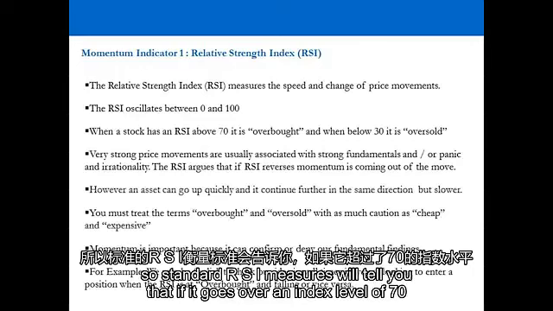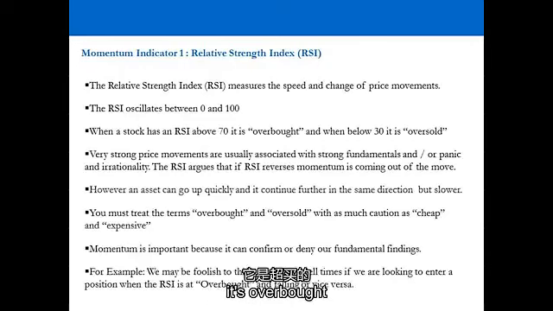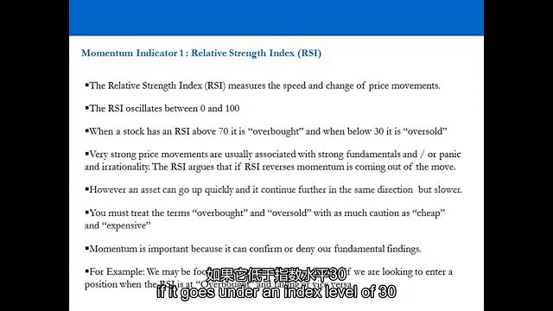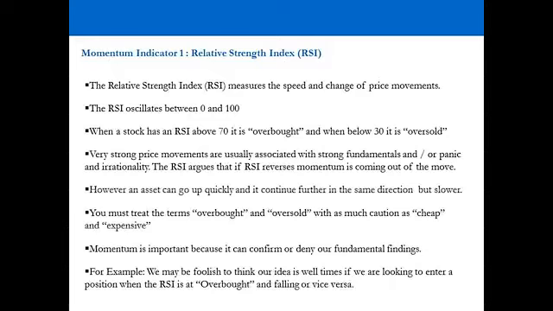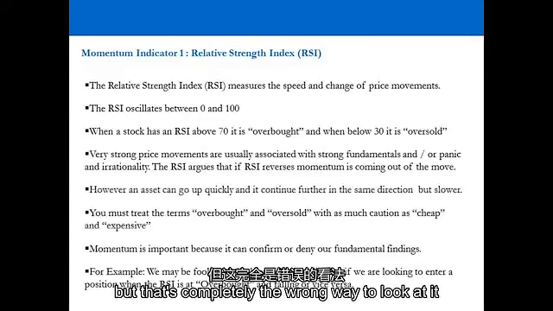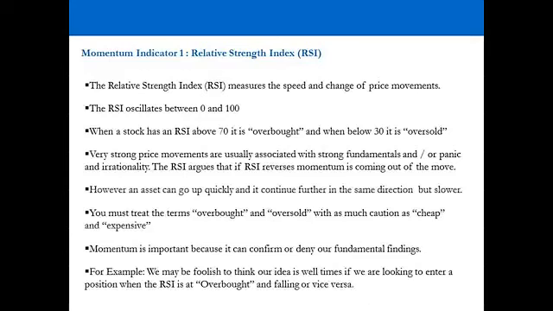So standard RSI measures will tell you that if it goes over an index level of 70, it's overbought. If it goes under an index level of 30, it's oversold. But that's completely the wrong way to look at it.